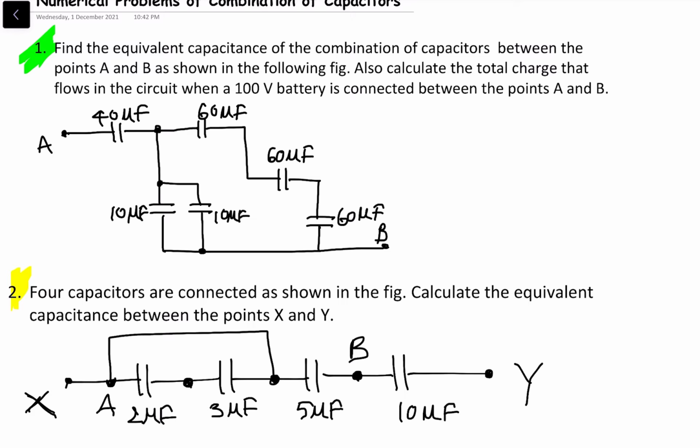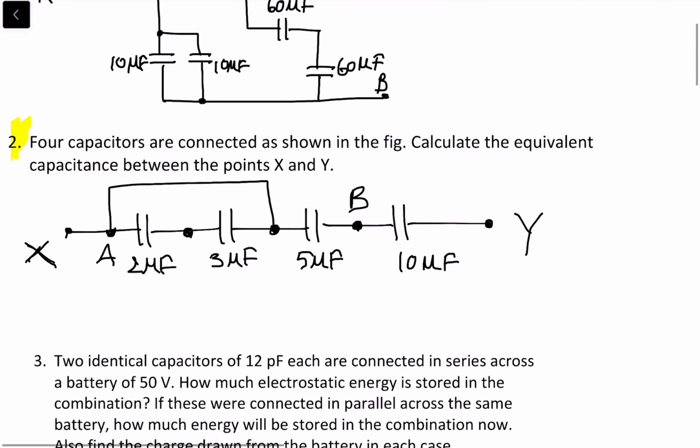Now you can see it. This is the circuit which we got here now, and they have given 4 capacitors. Another line is also there, that line is between this point and B.